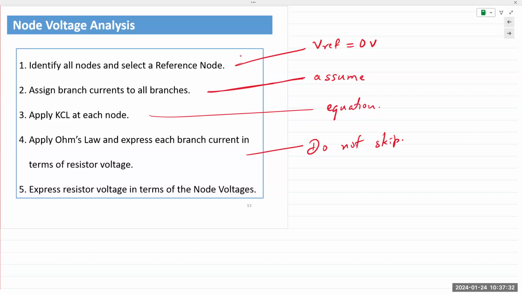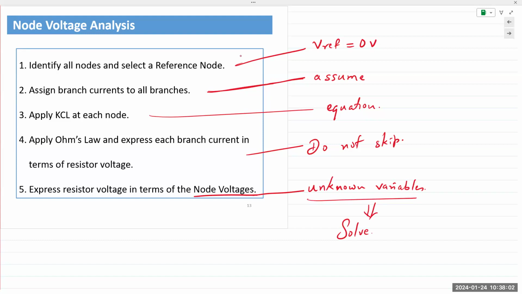And then finally, express each resistor voltage in terms of the node voltages. Your node voltages are the unknown variables, so you solve for these unknown variables. As I said, if you have one unknown variable, you need one equation. If you have two unknown variables, you need two equations, and so on.